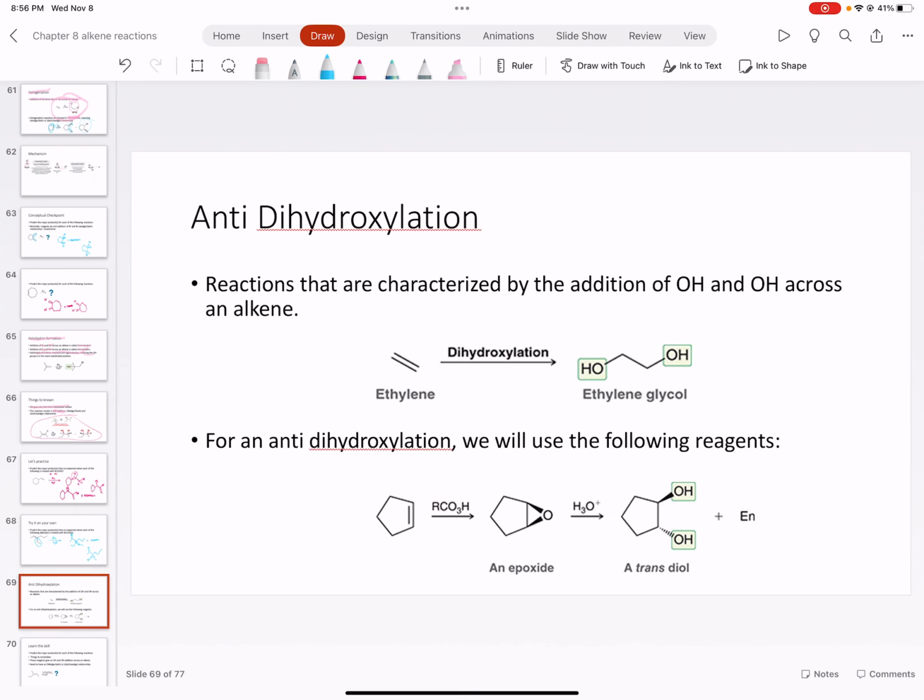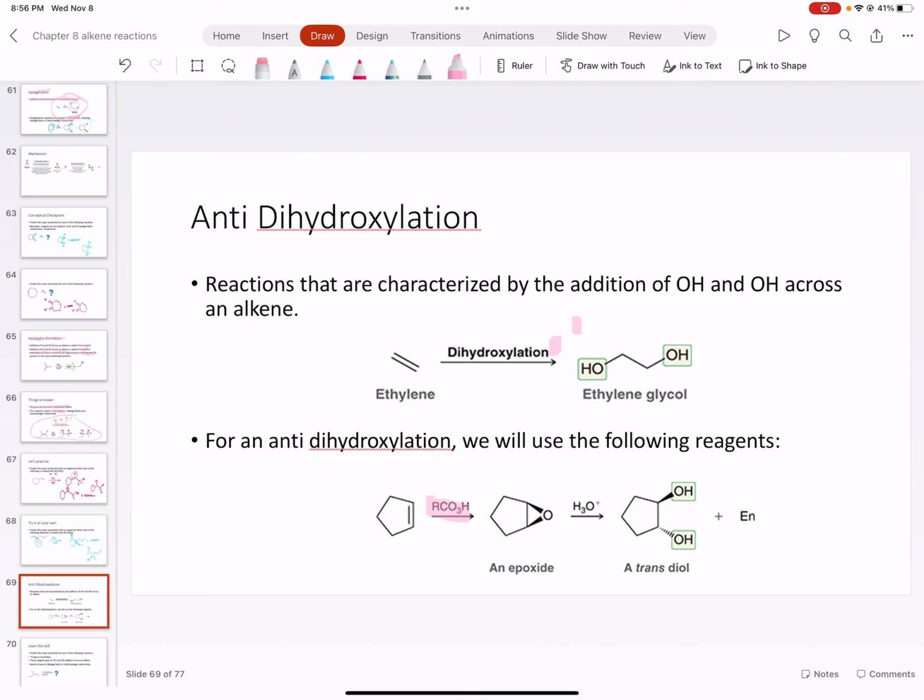And then anti-dihydroxylation. These are reactions characterized by the addition of OH and OH across an alkene. So you can see we're just adding OH on one side and another OH on the other side. For this type of reaction, we will use the following reagents.